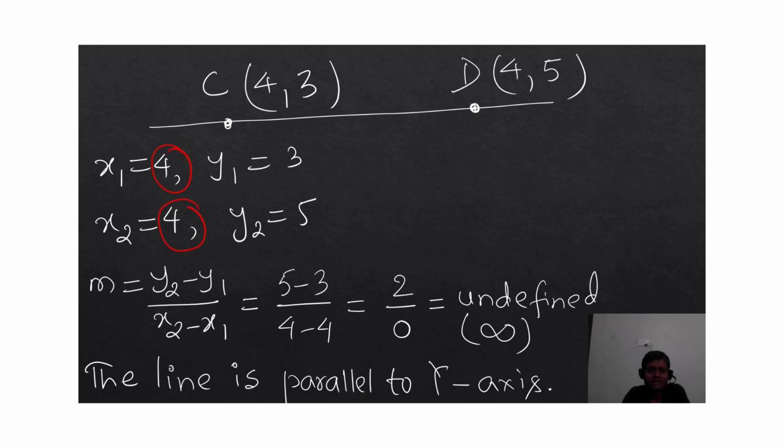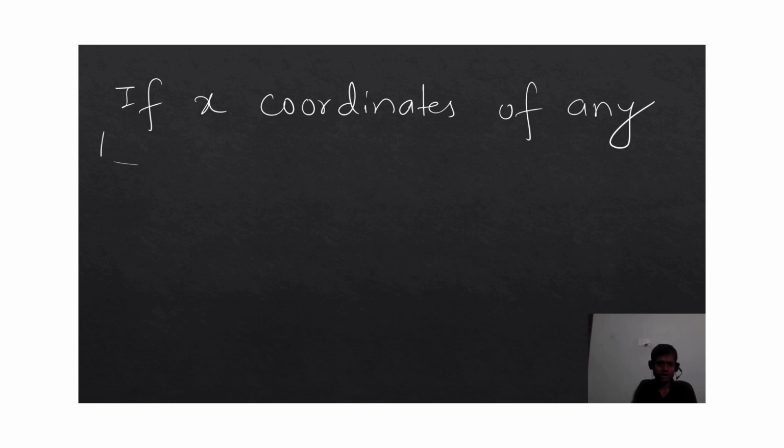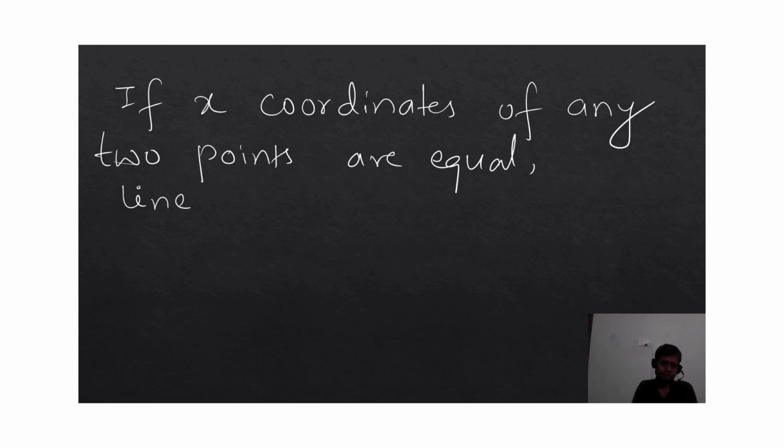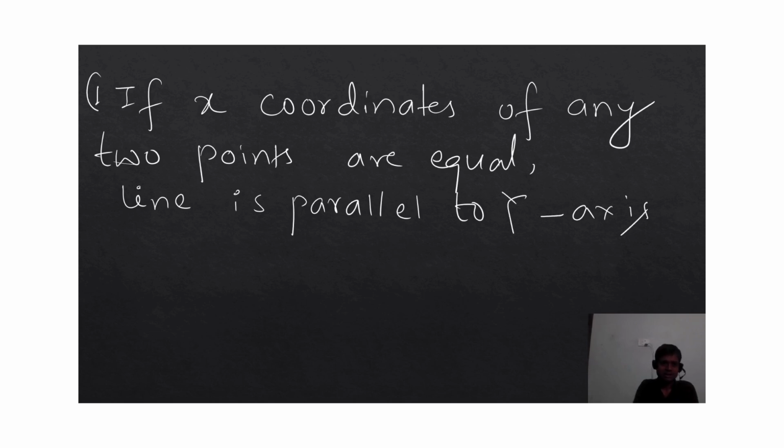So remember that if the x coordinates of any 2 points are equal, in this case the line is parallel to the y-axis. This is the first point.